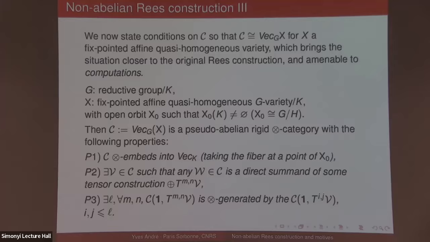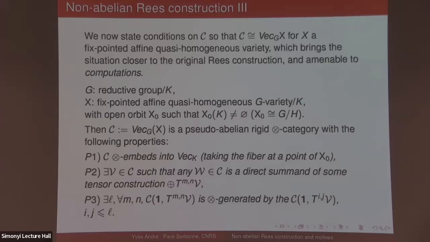So let G be a reductive group over K of characteristic 0. Now I start from X, a fixed-pointed affine quasi-homogeneous G-variety with open orbit X node, which I assume has some rational point, and I write X node as the quotient of G by H, the stabilizer of some point.